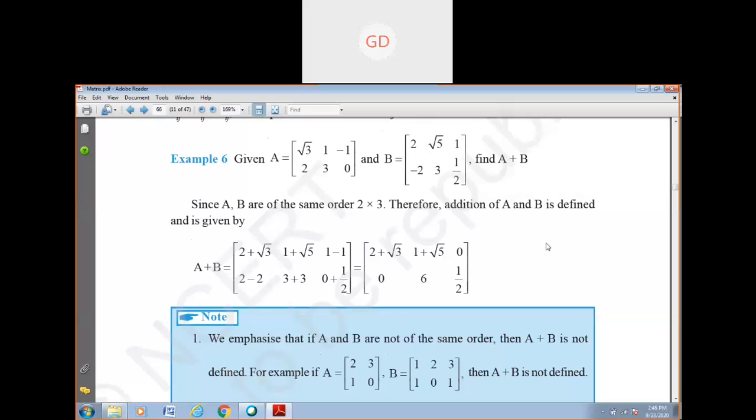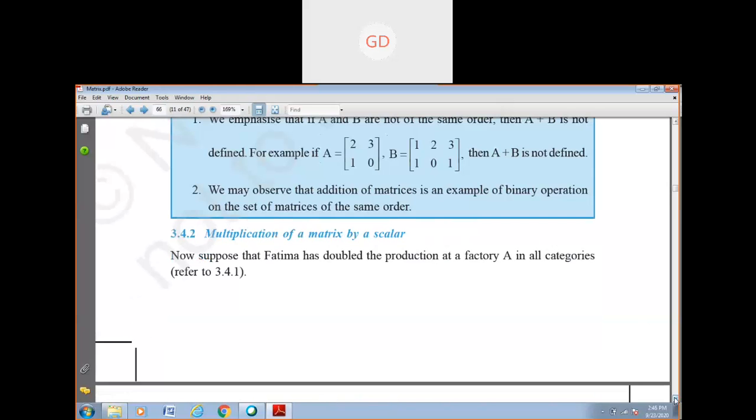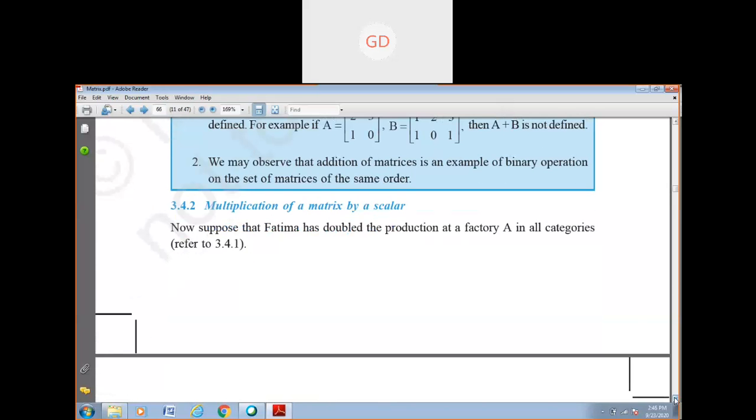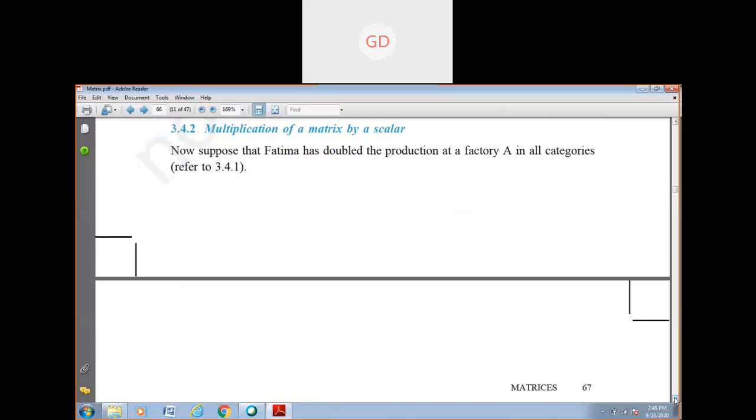Otherwise, corresponding elements will not exist. So that's why this is the only condition to be fulfilled for addition and subtraction of two matrices.